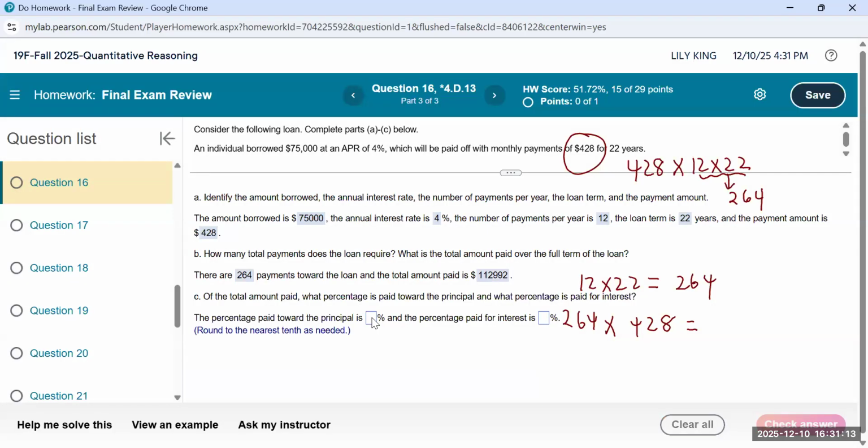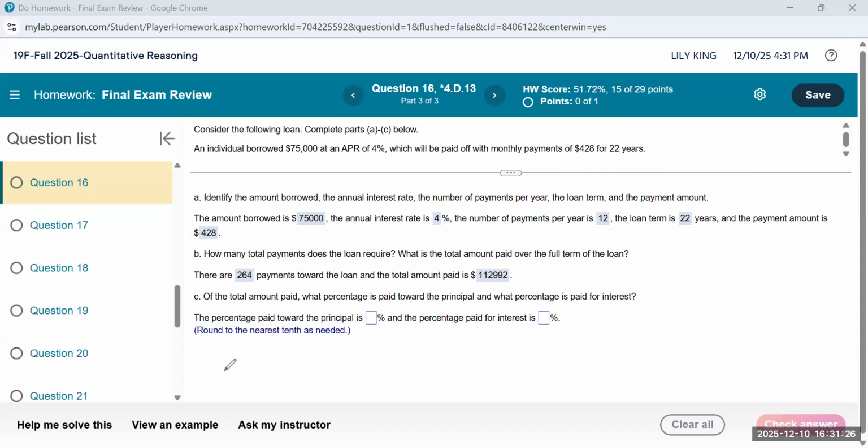Now, the percentage paid towards the principal. So here we need to take the principal, which is the borrowed amount, divide that by the total payback or the total amount paid, and express that as a percentage. So what percentage of your total payment was paid towards the principal?